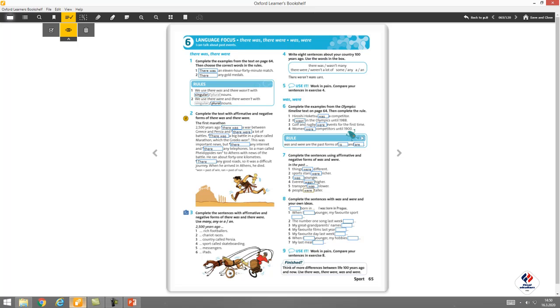Now let's finish this page with practice 8. I want you to use was and were for singular and plural subjects using your own ideas. Okay, to me, I was born in Burdur. When I was younger, my favorite sport was table tennis, but today my favorite sport is not table tennis, it is volleyball, for example.